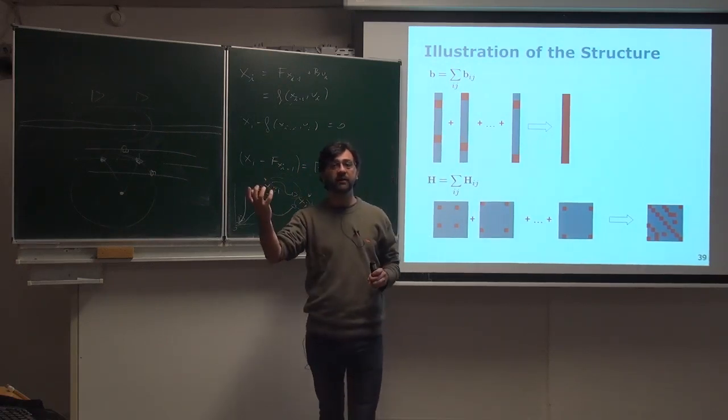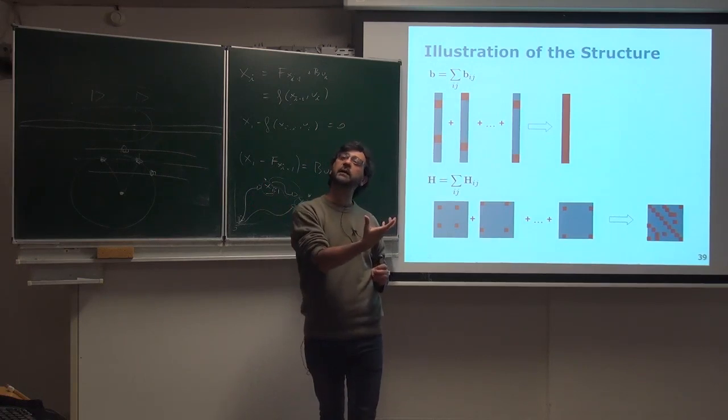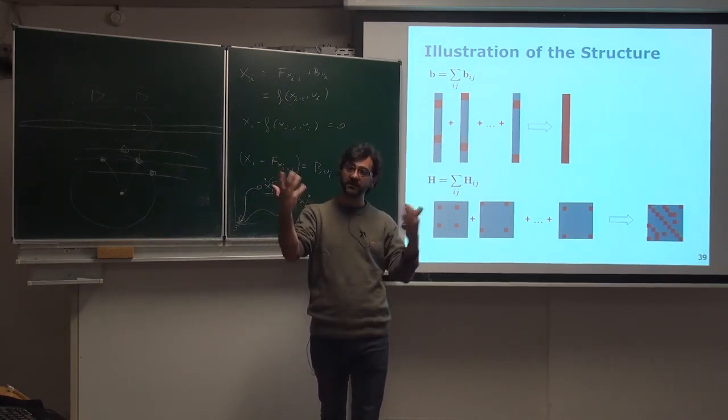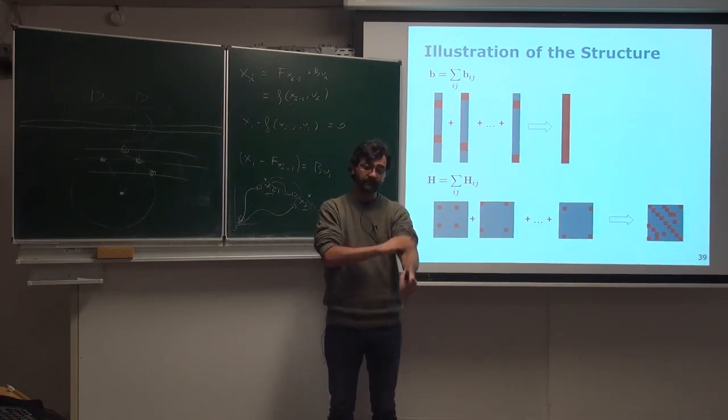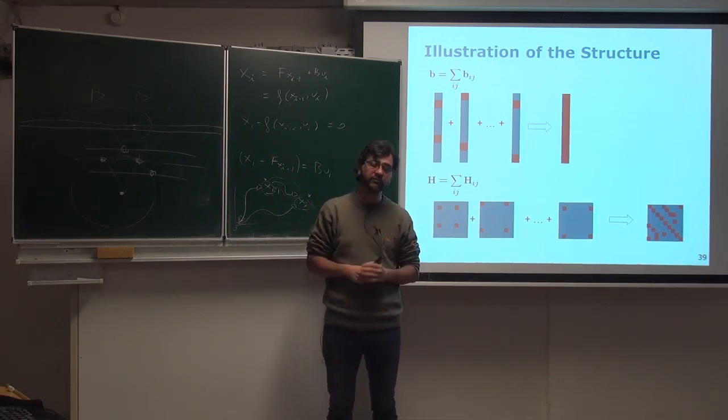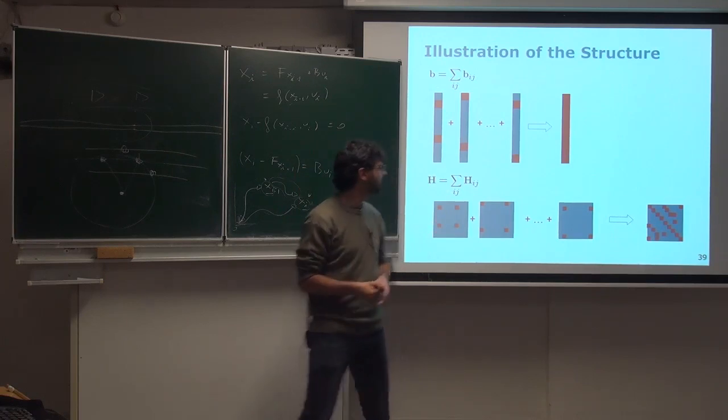So the sparser the graph, the sparser the matrix, and vice versa. So there is a connection between these two aspects, between these two mathematical objects. Okay.